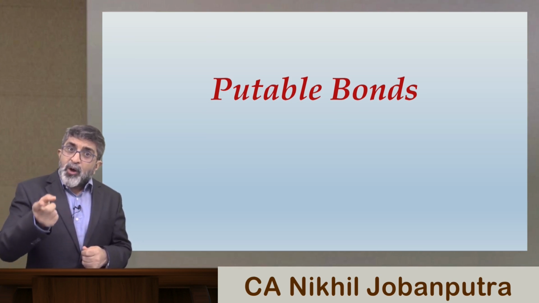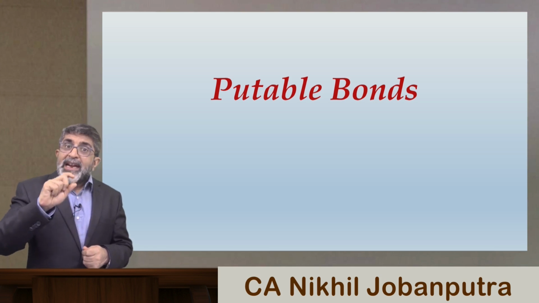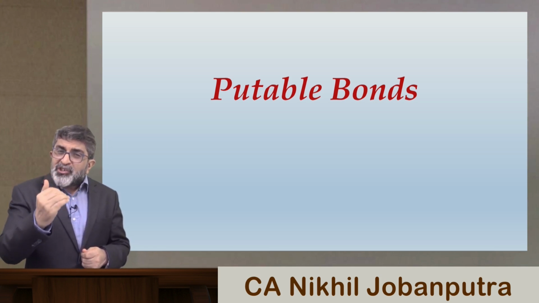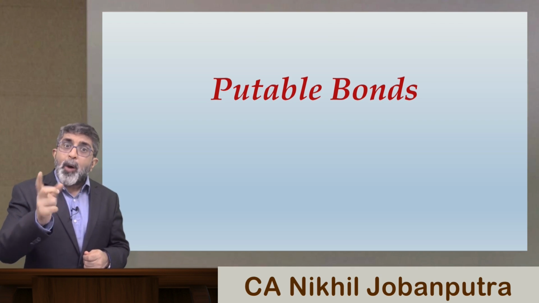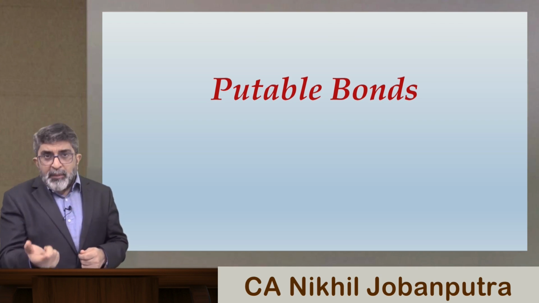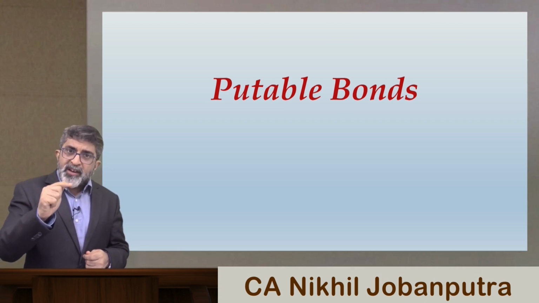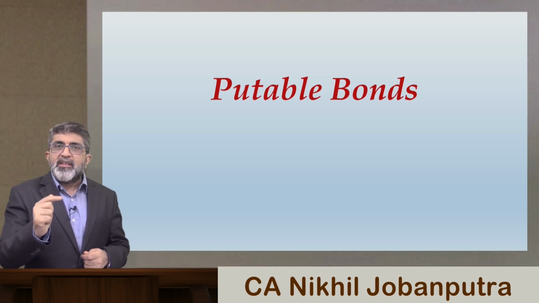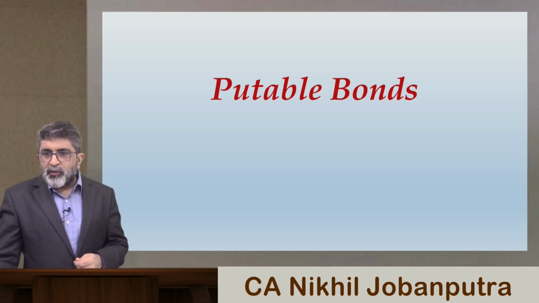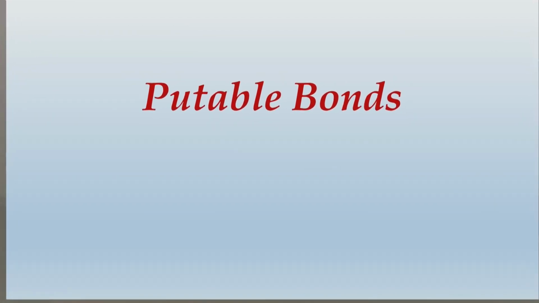In the case of a callable bond, the interest rates or coupon rates are generally higher than the option-free bond. In the case of putable bonds, the coupon rates will generally be lower than the option-free bonds. So just write something under the heading putable bonds, which will be under concept number 9.